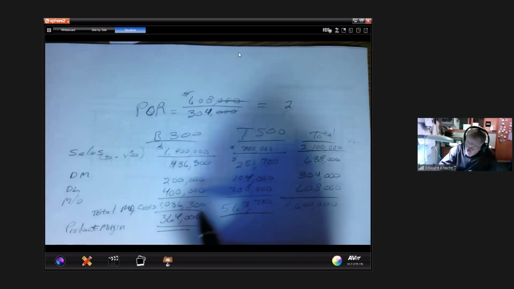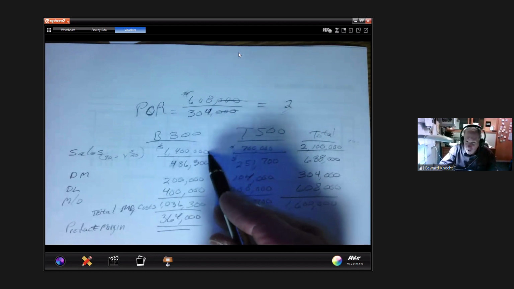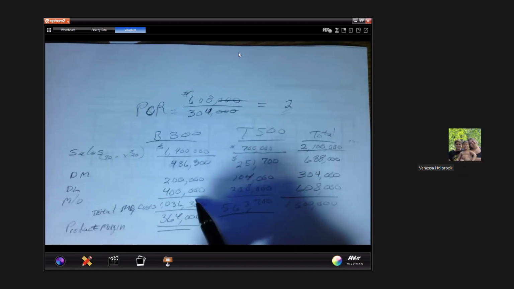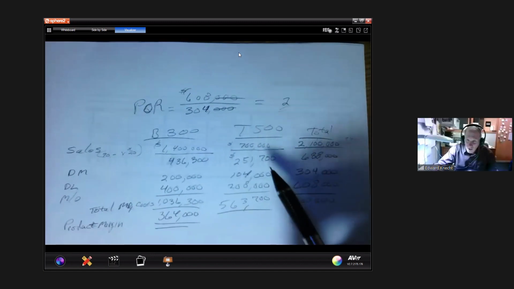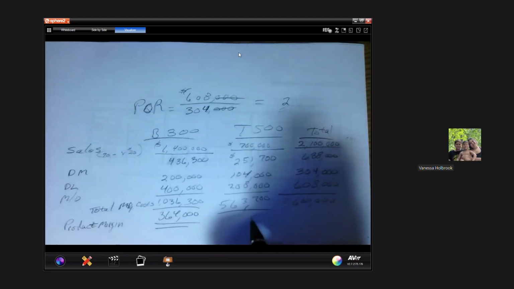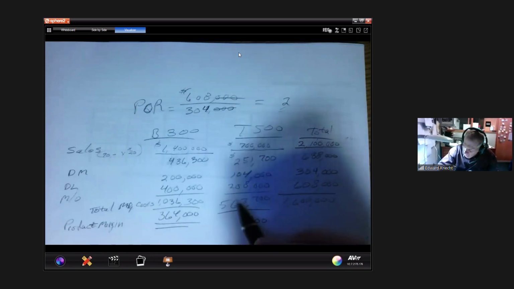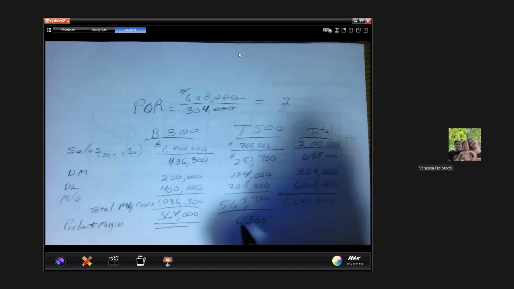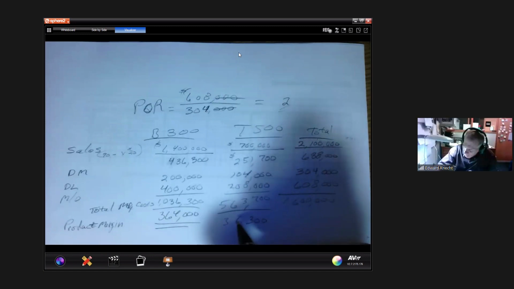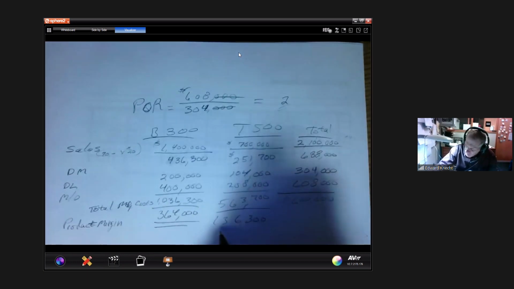Our sales minus our total manufacturing cost, we're going to do the same thing, 700,000 and subtract this. So that's going to be 3, then 9, that's going to be 6, and then 3 and that's going to be 136,000.